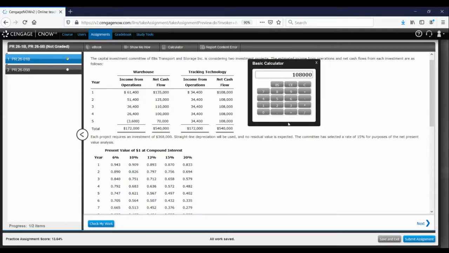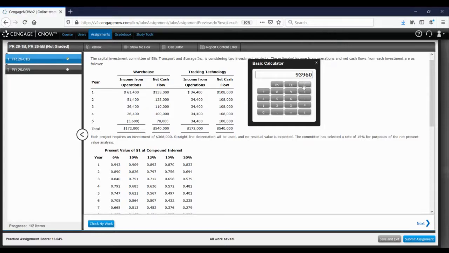So 108,000 times 0.870 is going to give you 93,960.